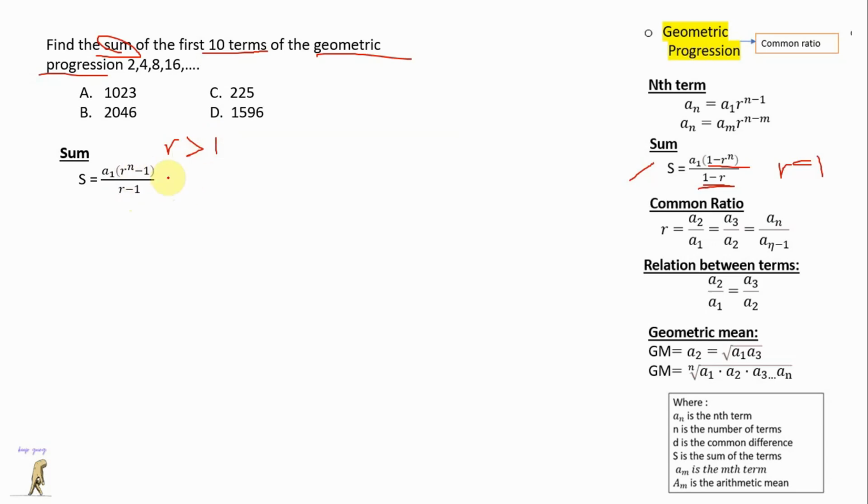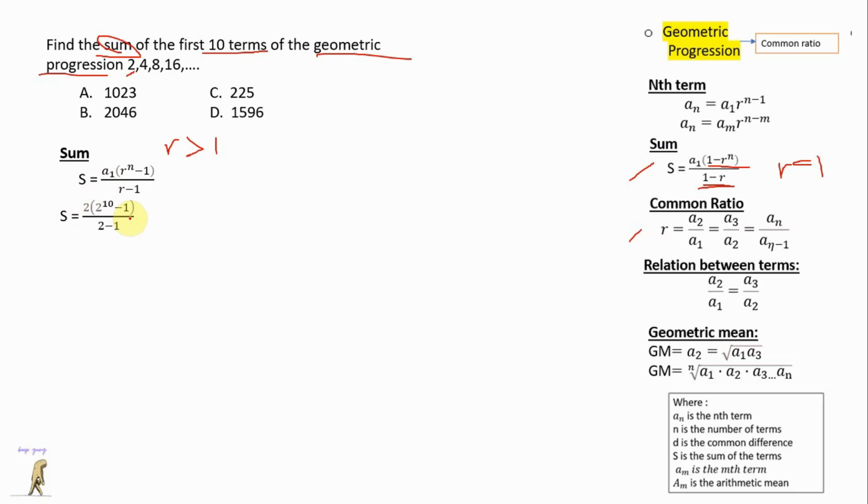So as we can see, we use this formula and then we have the a sub 1 and we have the ratio, which is our ratio here. The formula is a sub 2 over a sub 1. 4 over 2 is always 2. And then we just put it here. That's why it becomes like this.